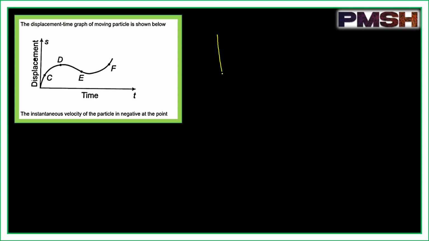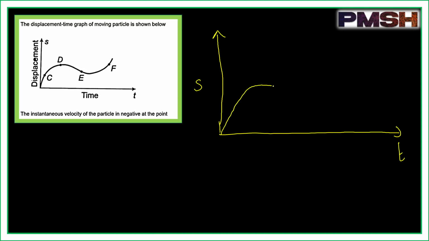So I'll draw the graph here again. Here we mark displacement, here is time. The graph is somewhat like this, right?